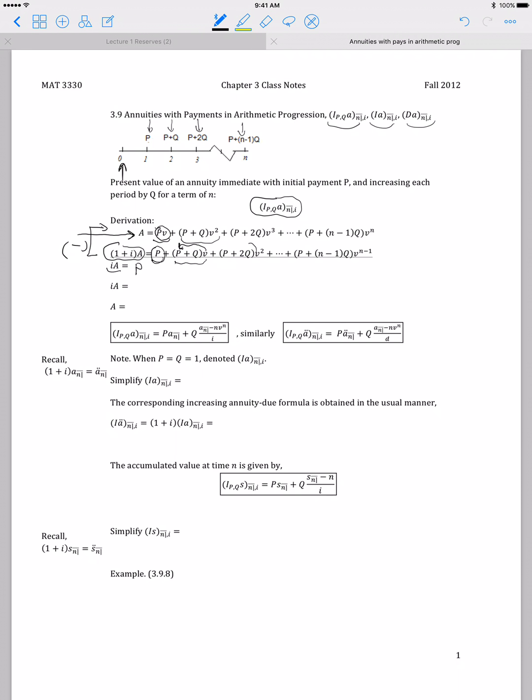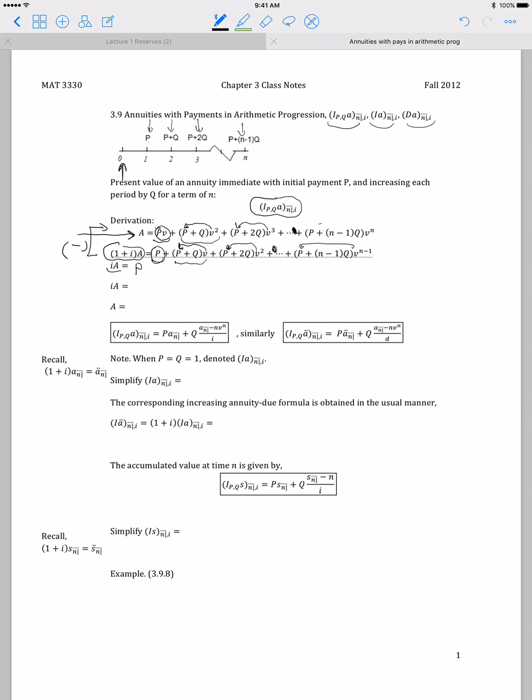The P times V squared in the second equation subtracts away from this P times V squared, and they cancel. The P times V cubed here has another P times V cubed down here. They subtract away. The P times V to the n minus 1 down here subtracts away from the P times V to the n minus 1 in the term preceding the last term.